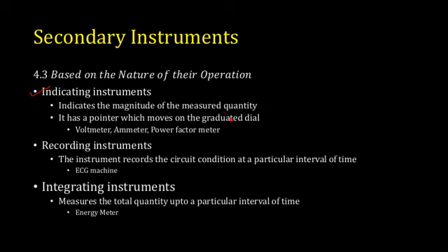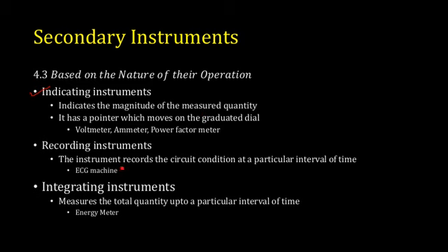That indicates the value of the quantity that is being measured. It can be current, voltage, power factor, anything. Once the quantity is removed, your pointer will come back to the zero position. So it is simply indicating the value of the measured quantity.